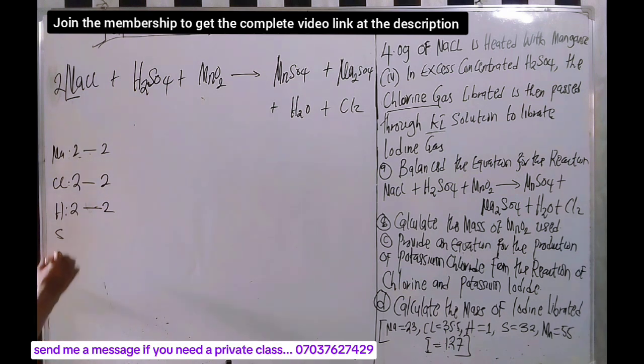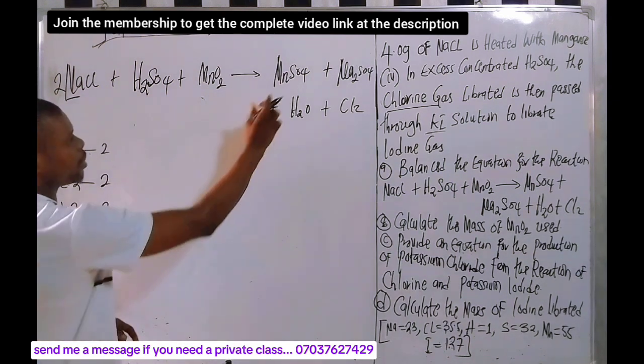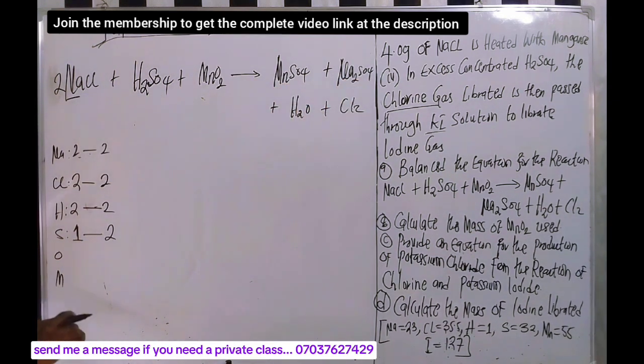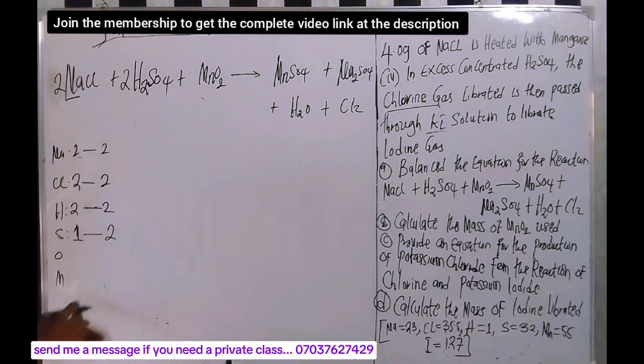So sulfur is not correct. Sulfur is not complete. So how do I make sulfur complete? If I put 2 at this point here, you understand?